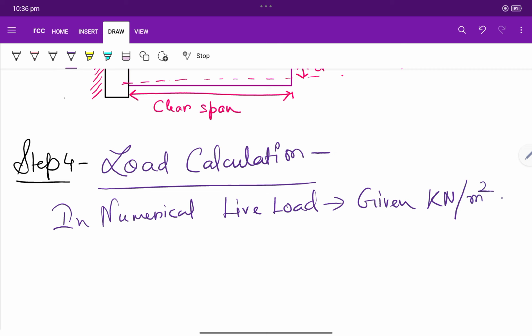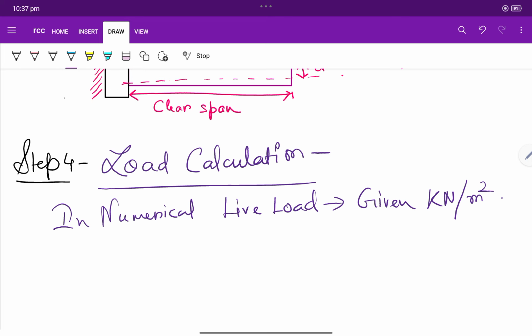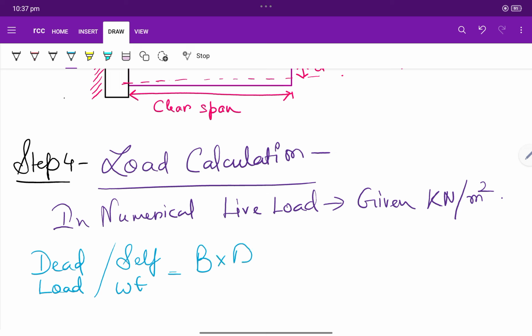Then the dead load, or we can say self weight, we have to calculate. For the slab, it is B into D into gamma, that is unit weight, into 1. So we have to calculate this.